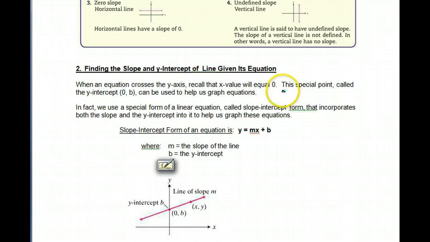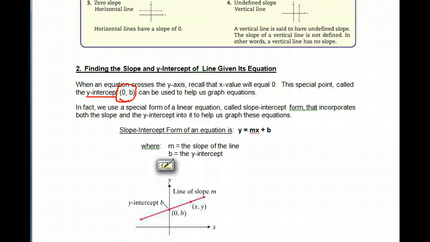This point is special, and that's because it's the y-intercept. And if you remember there, it had an ordered pair that we called 0, b. We can use that point to help us graph equations.